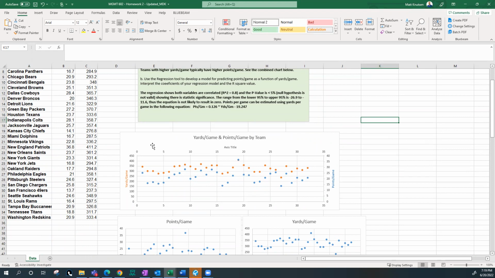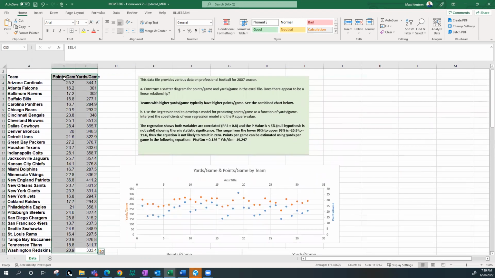I put the equation on, and it has exactly what you have there, where the points per game variable was 0.126.